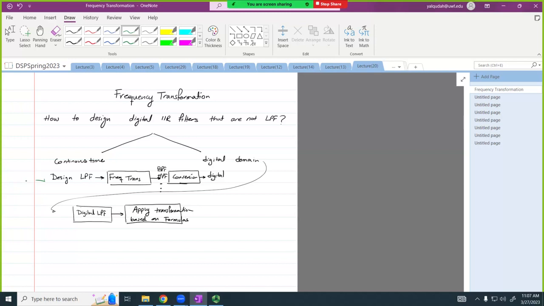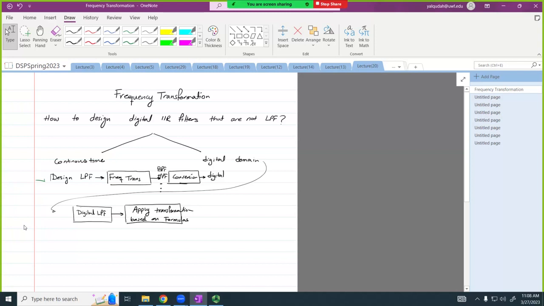This method is more intuitive, and the math is easier, and we already studied the math to do the filter design. Again, in the second method, you design a filter, and there is a table that tells you if you're going to transform to a bandpass filter, this is how you transform it. You have to replace z with a set of formulas, and the formulas are in the book in a table.